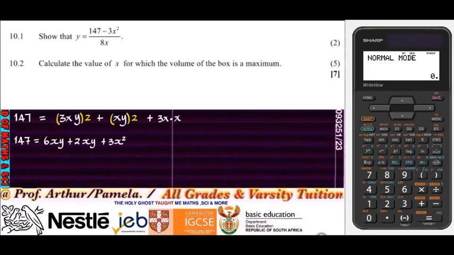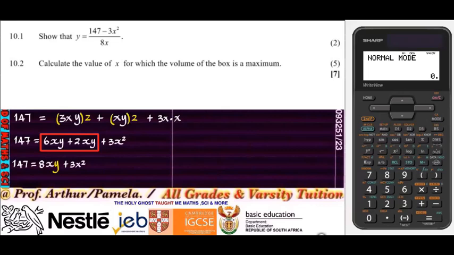Now let's add what looks common. What's in the red box? Like terms. So we've got 147 equals 8xy, and then plus 3x squared.